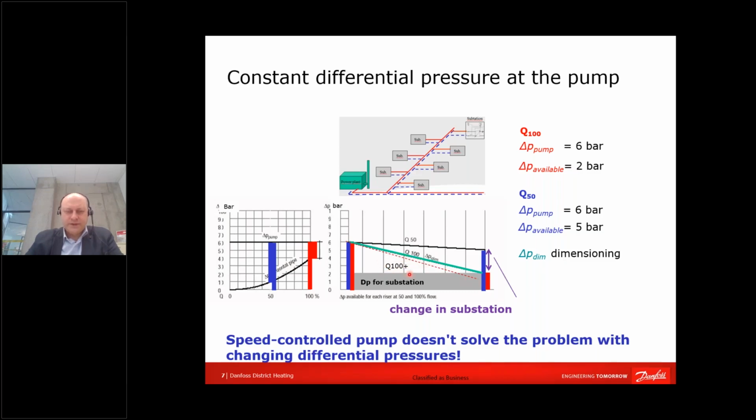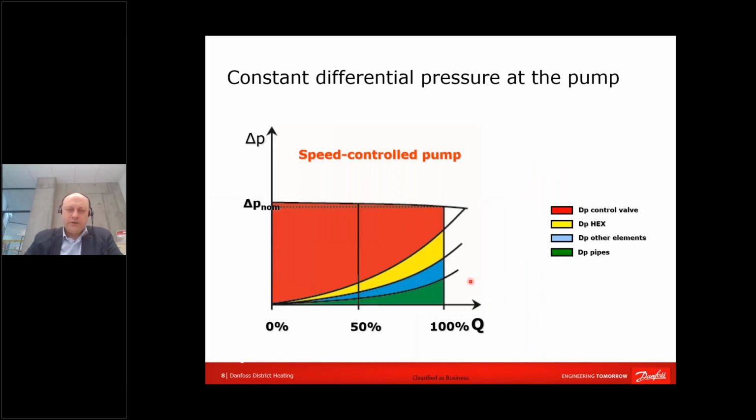I just express it like 100 plus. So remote consumers might face a situation where they have lower differential pressure compared to the one which was at the designing stage.